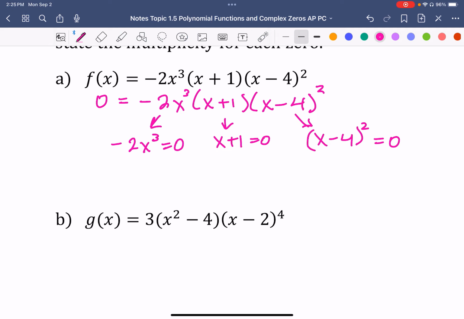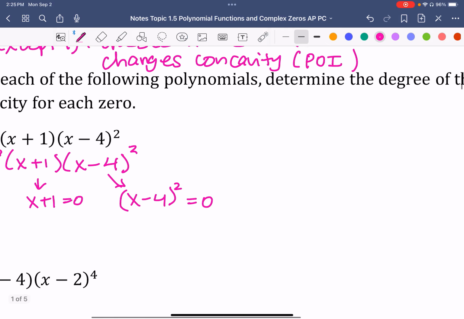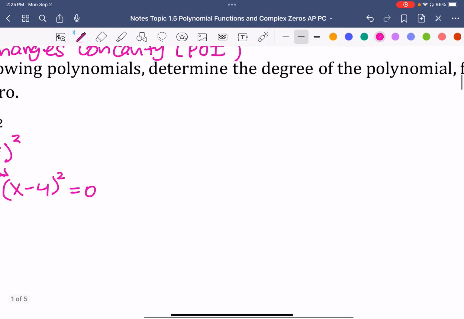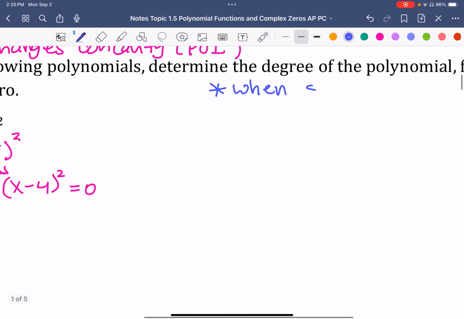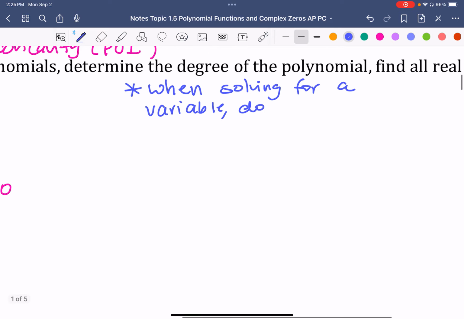Okay, now when you're solving for variables, I'm going to make a note somewhere over here. So when you're solving for a variable, you're going to do PEMDAS backwards.